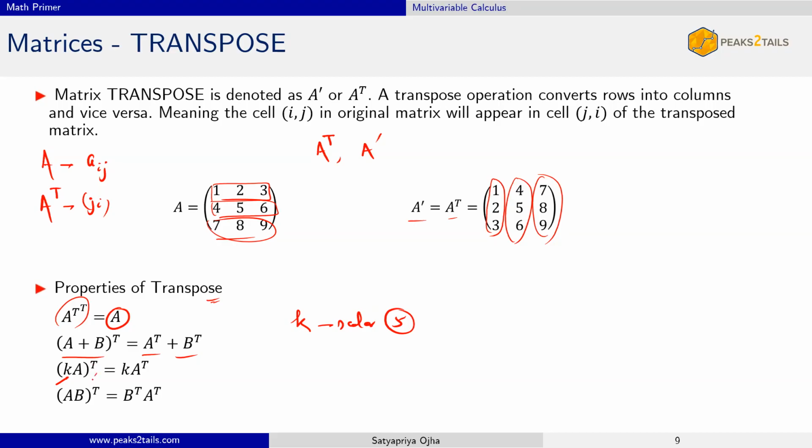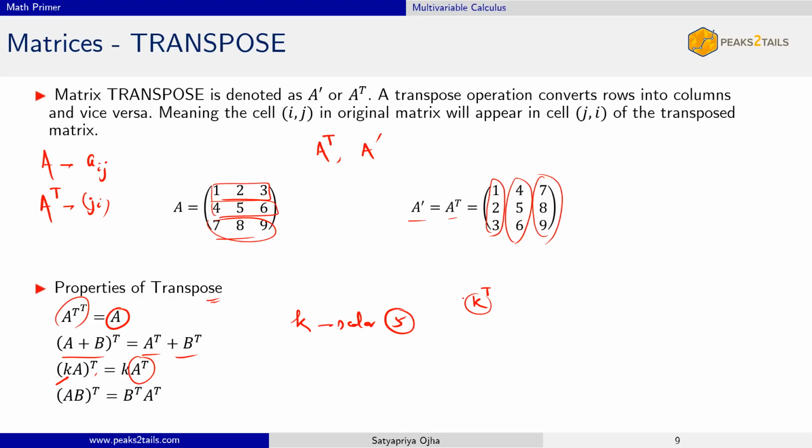Then you take the whole transpose. You can take the K outside: just do the transpose of the original matrix and multiply K afterwards. Same thing. Just as in the case of differentiation and integration, K comes out. In the case of transpose also, K comes out. And one more thing, if I ask you what is K transpose? K is a scalar, so normally it doesn't make sense.